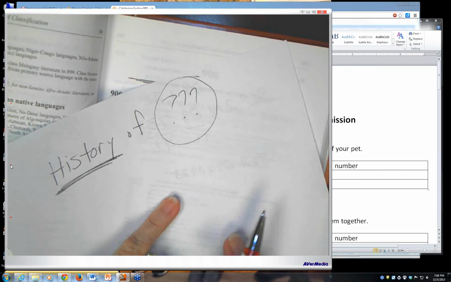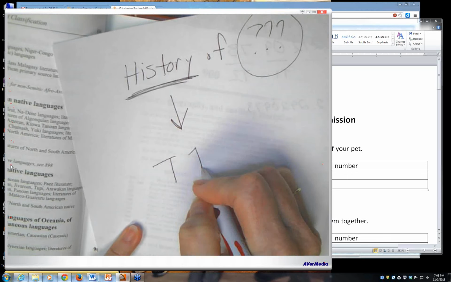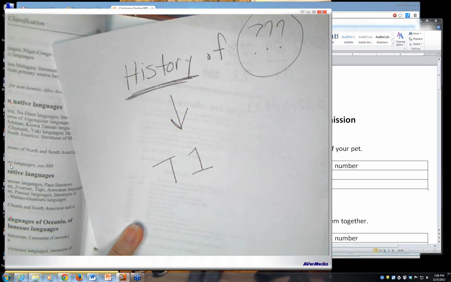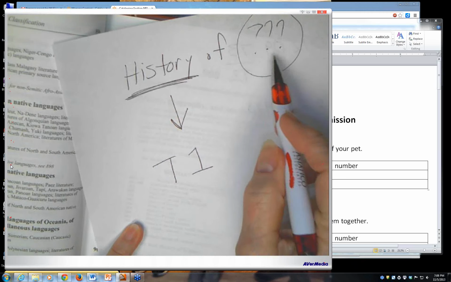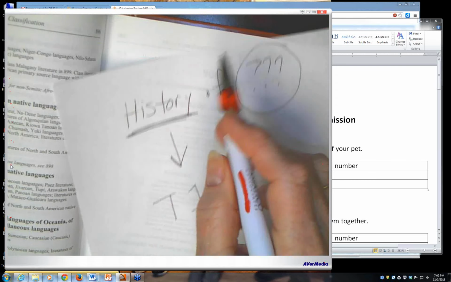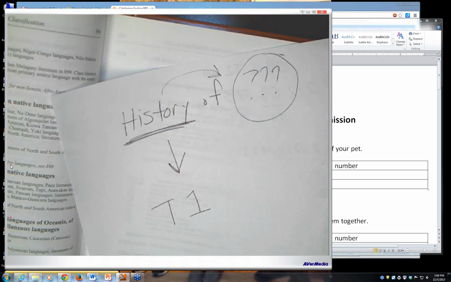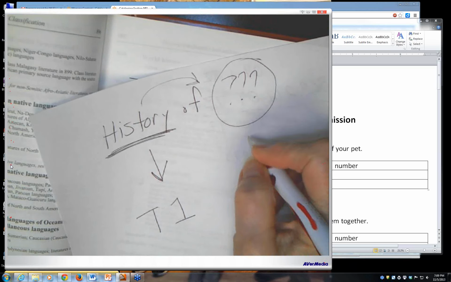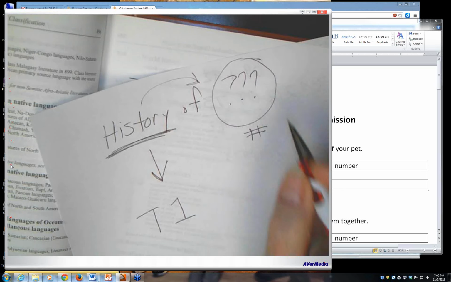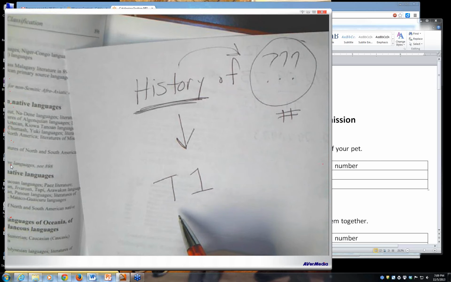The history of indicates table 1, because that's the format. This is being acted upon by the history. History is acting upon whatever the topic is. So we use this as our number, whatever this topic is, and then we indicate the history by using table 1.